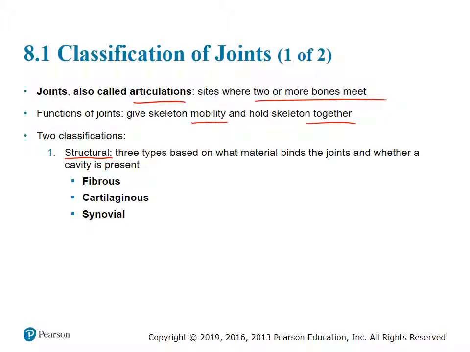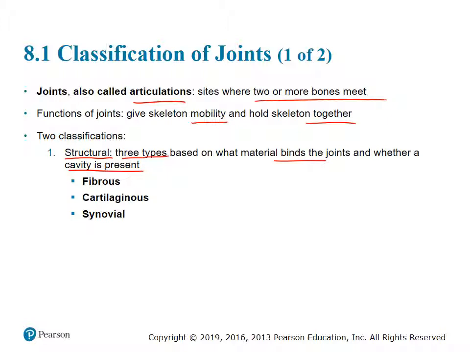You have to understand the definition, because that's important when we start looking at the name. What binds the joint as far as material, and if there's a cavity present. That distinguishes each one from the others: the material that binds them and then the cavity.